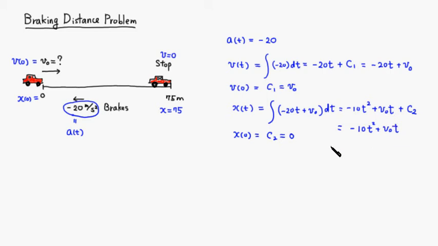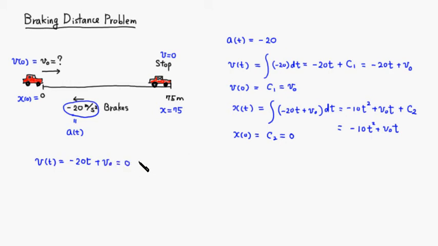Then we know that when it came to a stop, the velocity is equal to 0. So let's see when that happens. We take the velocity, which came out to be negative 20t plus v0, and set that equal to 0.